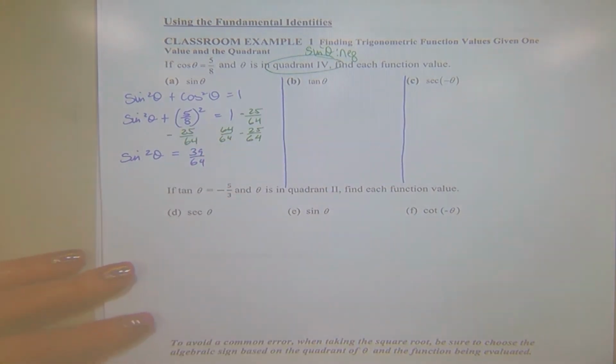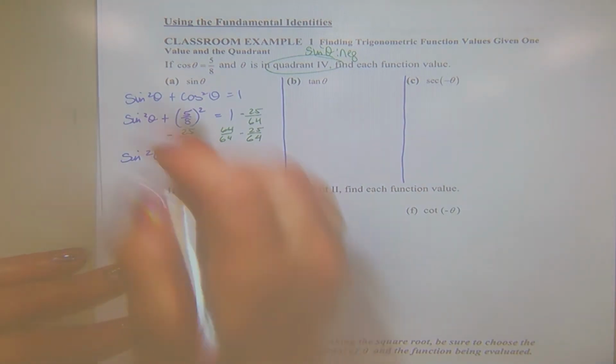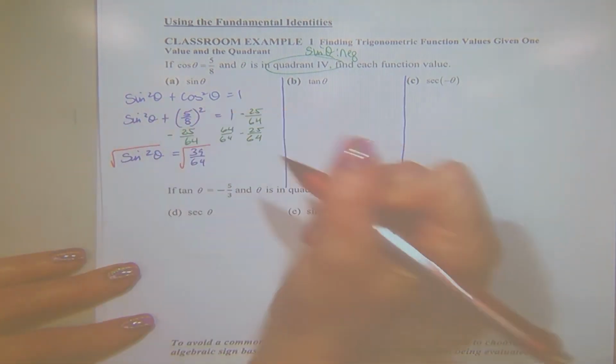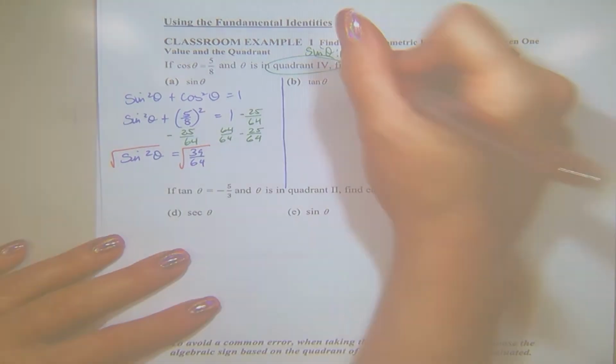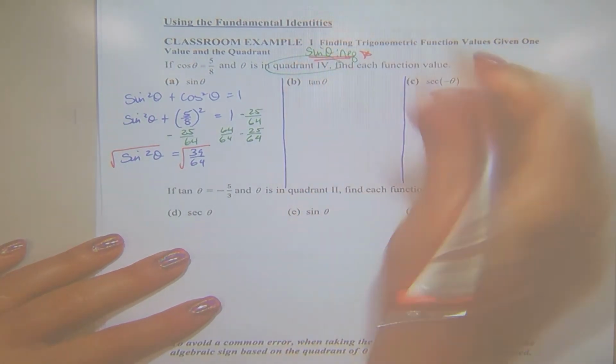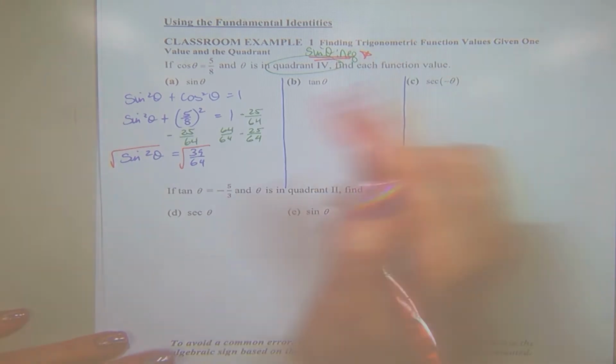I need to solve for sine. How do I solve for sine when I've got sine squared? Well, I take the square root of both sides. Now, typically, I would take plus or minus whenever I take the square root of both sides, because I have to consider that I don't know if that variable was positive or negative, except in this case, I have been told in the problem situation that I'm looking for a negative sine function value.